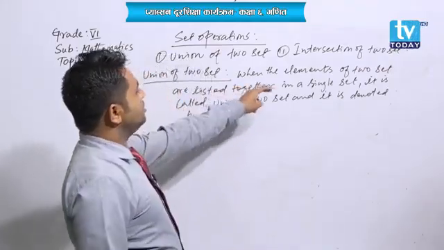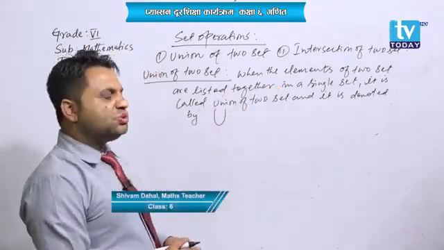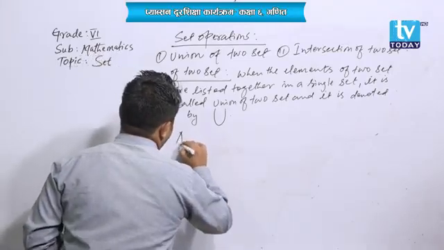Okay. When the elements of two sets are listed together in a single set, it is called union of two sets. Let me write an example, then you will understand this.